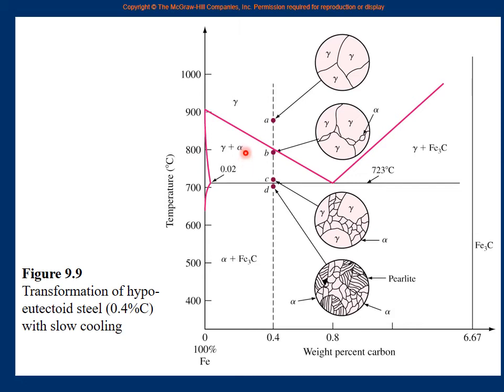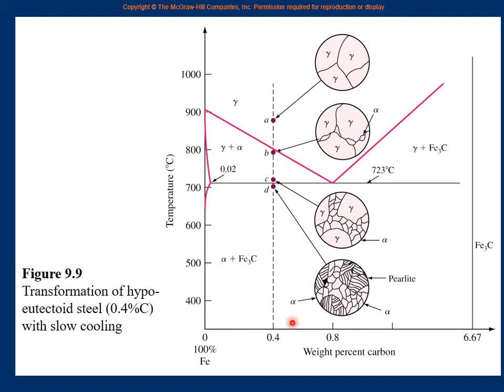So this alpha which has formed is the pro-eutectoid alpha, and once you hit the temperature of 723, all the remaining gamma changes into perlite, and perlite is alpha plus cementite. So this is pro-eutectoid alpha, pro-eutectoid ferrite. Oh, sorry, this is eutectoid alpha, eutectoid. It has formed after this temperature. So eutectoid alpha and eutectoid cementite, right? So this is an example.